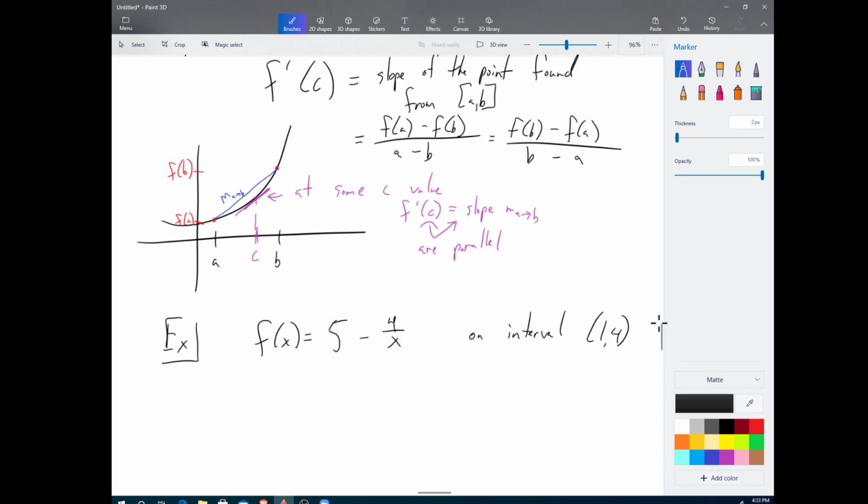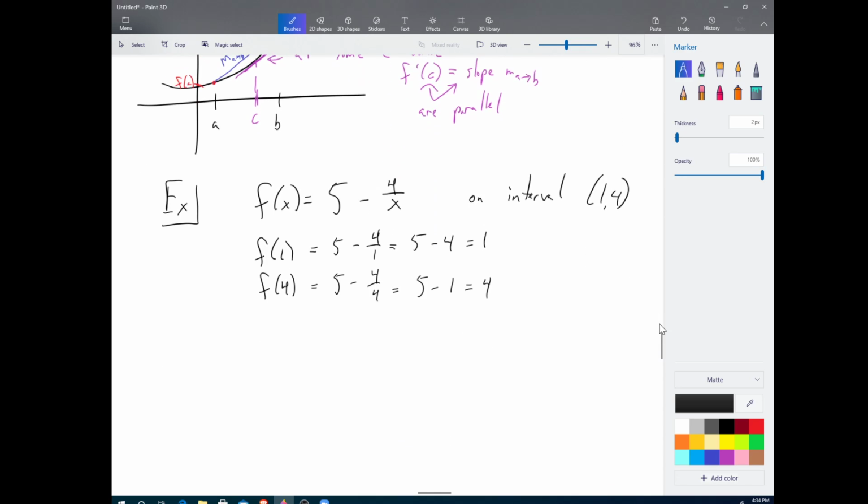This means that you're going to, first of all, want to find f of 1, and you're going to want to find f of 4, because we need those y values to find the rise and the run. So this would be 5 minus 4. And this one would be 5 minus 1. So my slope that I'm going to be paying attention to would be f of 4 minus f of 1 over 4 minus 1 to get that rise over the run.